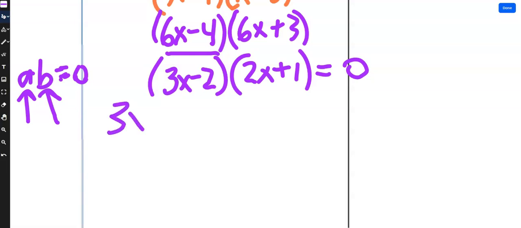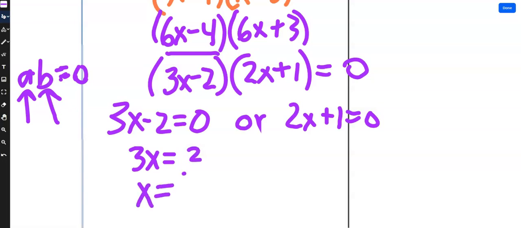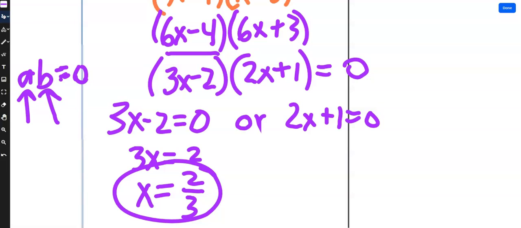So either 3x minus 2 is equal to 0 or 2x plus 1 is equal to 0. And so now you can solve those things, 3x equals 2, x equals 2/3. 2x equals -1. X equals -1/2.